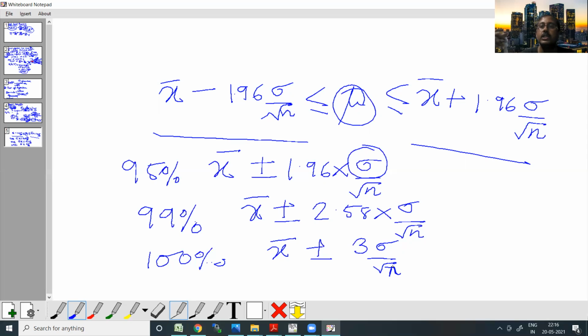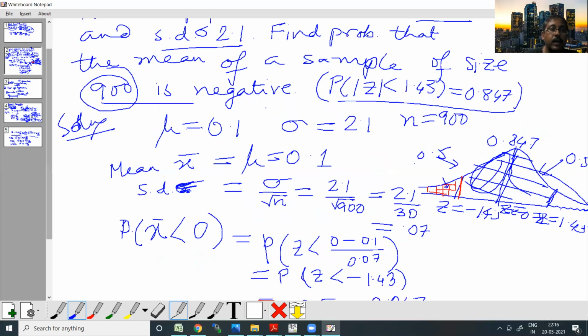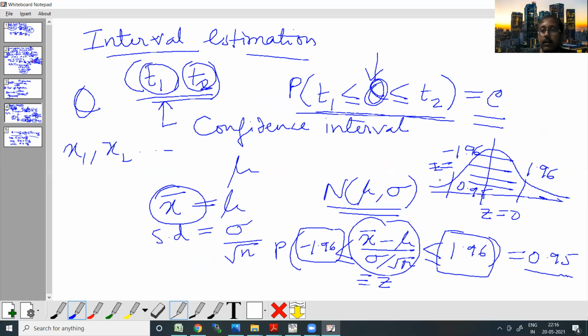It is assumed that almost the whole area under the curve, from negative infinity to positive infinity, is within the boundary z equal to minus 3 to z equal to plus 3.